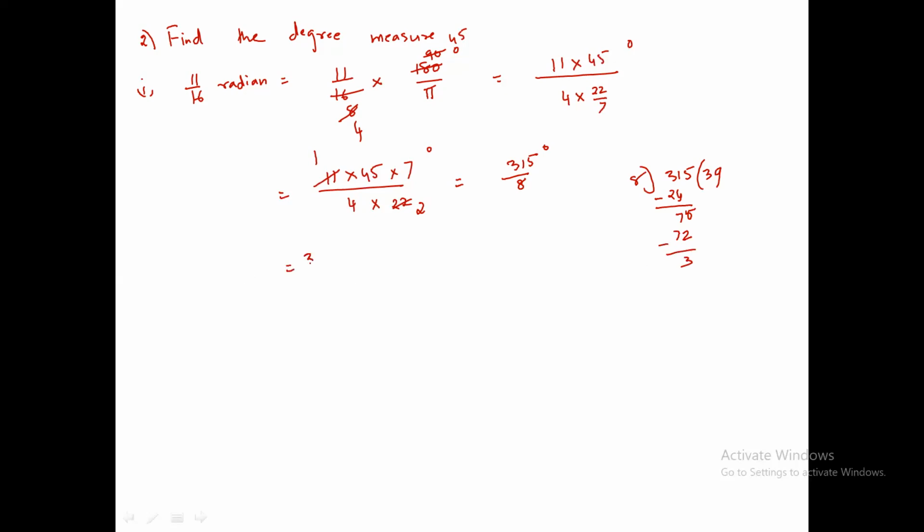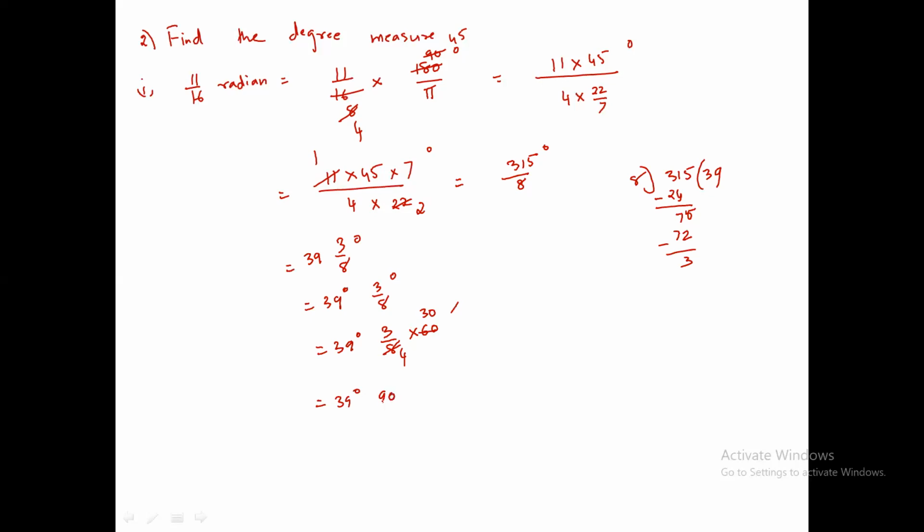I can write this as 39 and 3 by 8 degrees, or 39 degrees and 3 by 8 degrees. 3 by 8 degrees I have to multiply by 60 to convert it into minutes. So 2 fours are 8, 2 threes are 6.